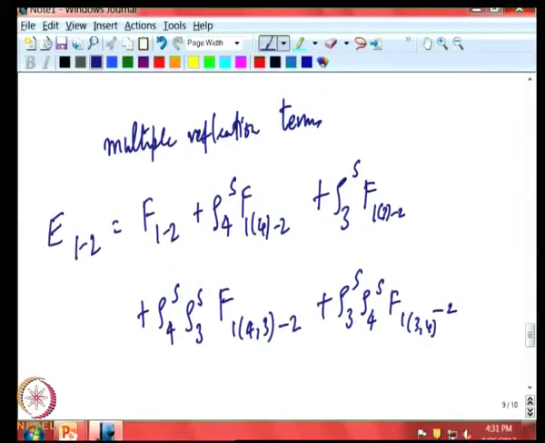So, this tells you how we are in a position to extend the concept of shape factor, which was derived for a diffuse isotropic enclosure, to enclosures containing one or two specular reflectors. And if you construct the images carefully and follow the ray tracing carefully and see how many images are there, then you can write down the full expression by inspection.